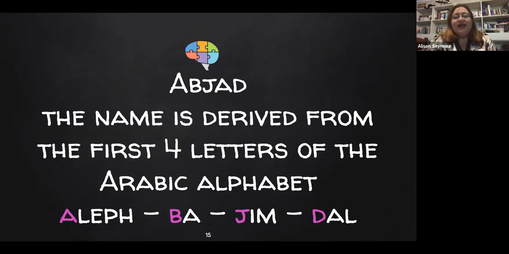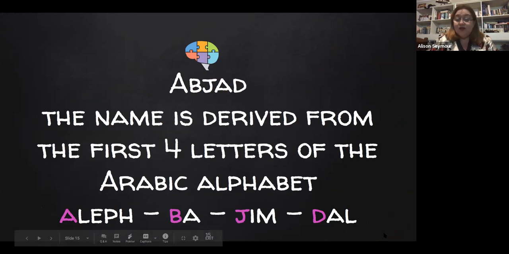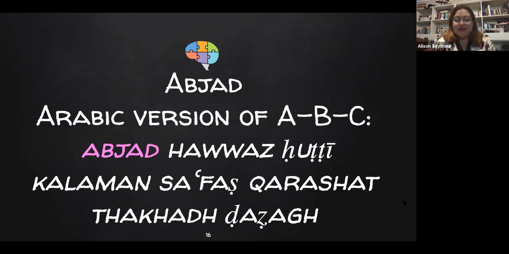Like the word alphabet, the name abjad is derived from the first four letters of the Arabic alphabet, which I found quite interesting. When they're saying ABC, they actually say the words abjad, hawaz, kuti. So that's where the name originated for that type of consonant alphabet.